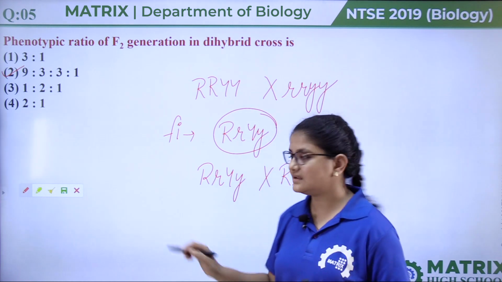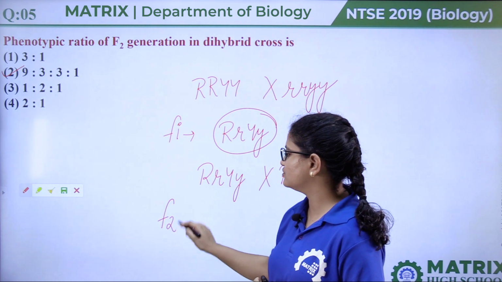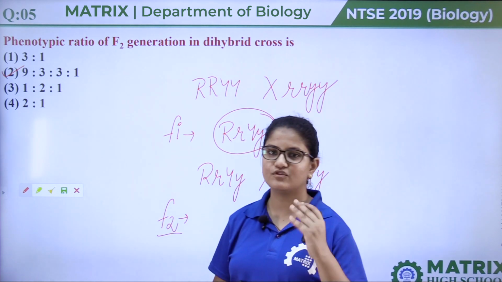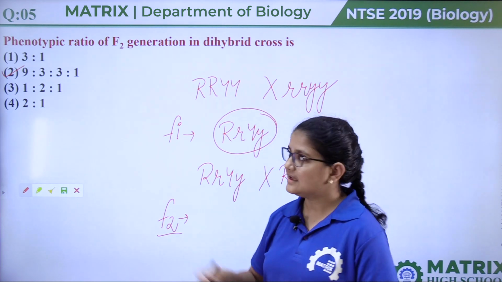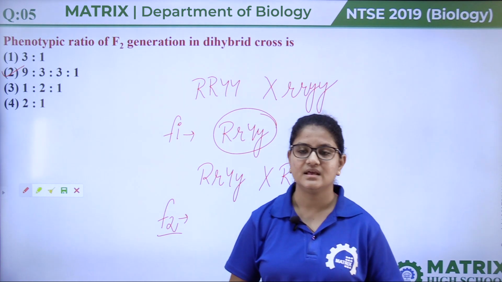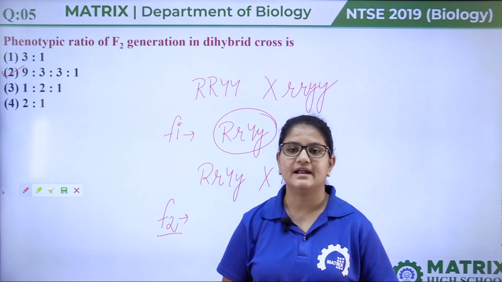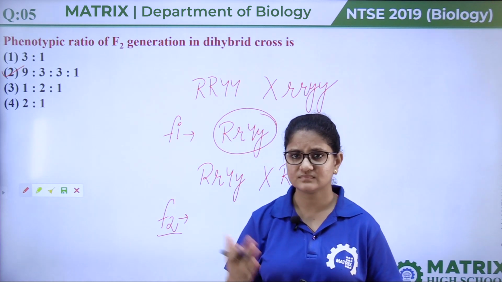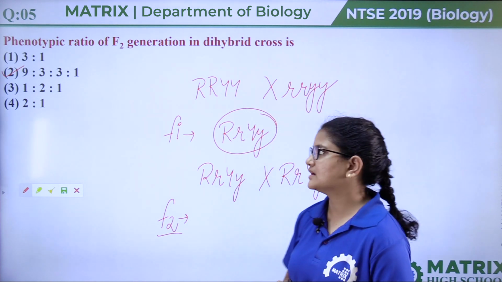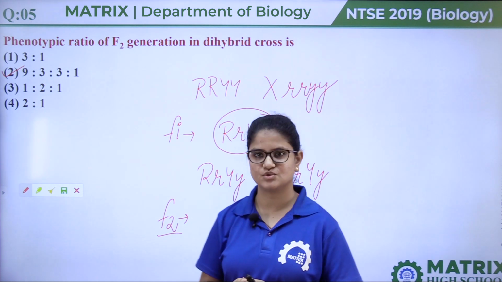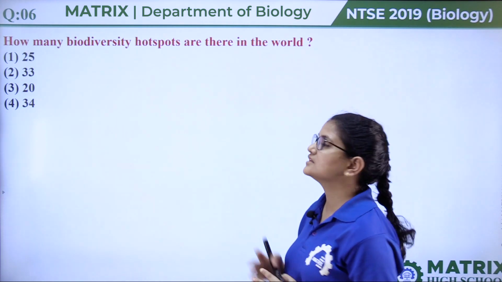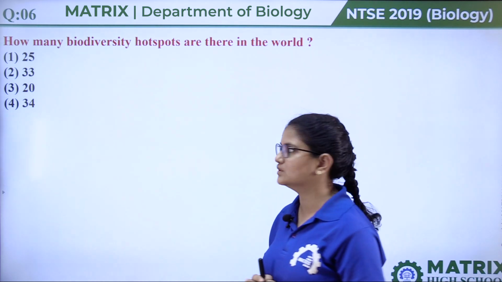Then we will get the F2 generation, and in F2 generation we will get 4 types of combination. 9 will be round and yellow, 3 will be round and green, 3 will be wrinkled and yellow, and 1 will be wrinkled and green. So its ratio becomes 9:3:3:1.